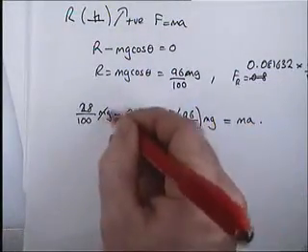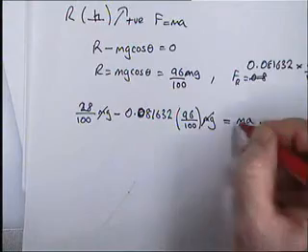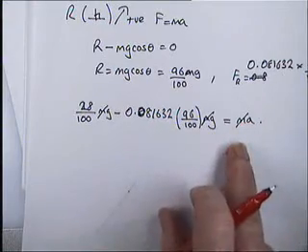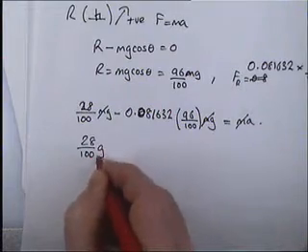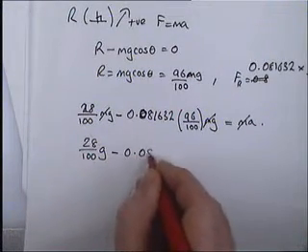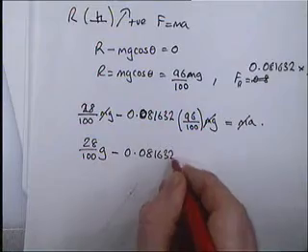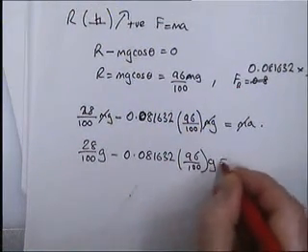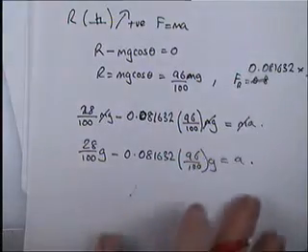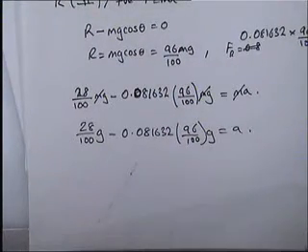So m divided by m is 1, m divided by m is 1, and m divided by m is 1. So we're left with 28 over 100 g minus 0.08, got it right at last, times 96 over 100 g, equals a. Put that into your calculator and you'll get the acceleration.